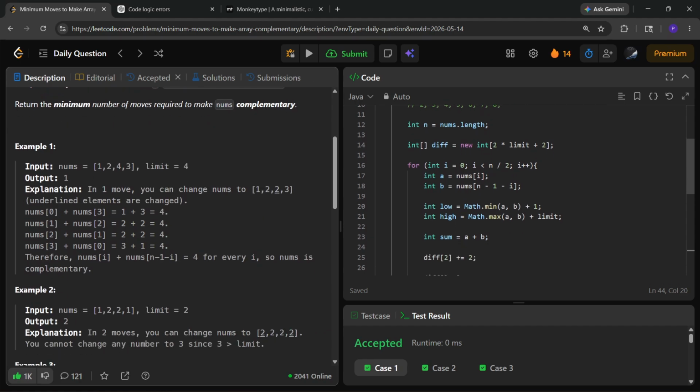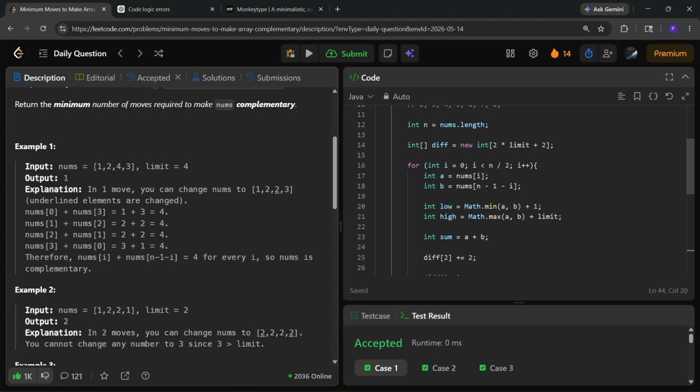I start by iterating at I. So I is right now at index 0 for nums. A equals nums of I, which is 1, and B equals 3. C equals 1 plus 3, that means C is equal to 4.